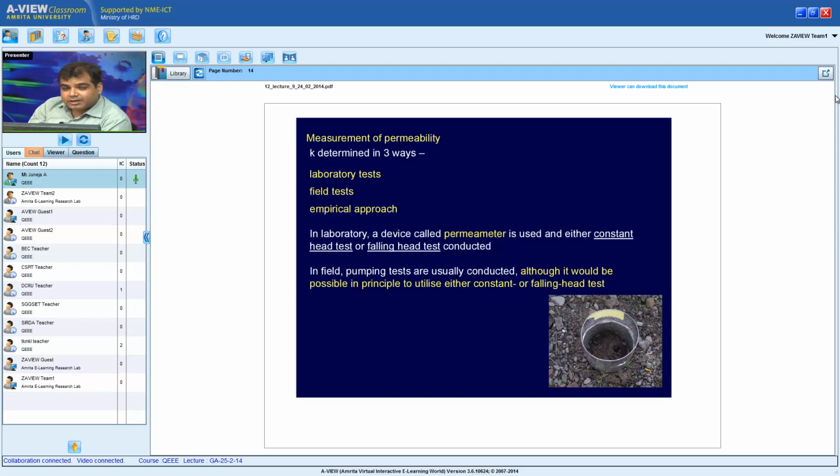So I do not understand why you say it's not valid. It is very well valid. The only thing is it is not valid when the flow is turbulent. Turbulent flow will occur when you have boulders and cobbles, when the flow occurs through boulders and cobbles. In that case, Darcy's law may not be valid. But for fine grained particles, yes, Darcy's law is valid.